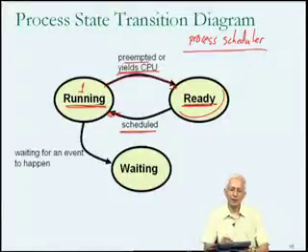Okay, now, if we look at the arc going from the running state to the waiting state, we see that it is labeled waiting for an event to happen.